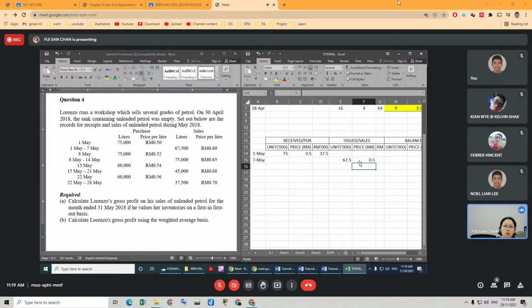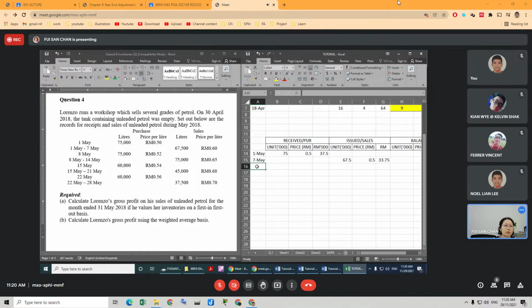This is to check how many liters are left at the end of the month. Meaning you have to put at cost. At cost means you use your purchase price. So we already sold 67.5 liter. Again, how much is this? This one times this one, right? This is how much we already issued out.